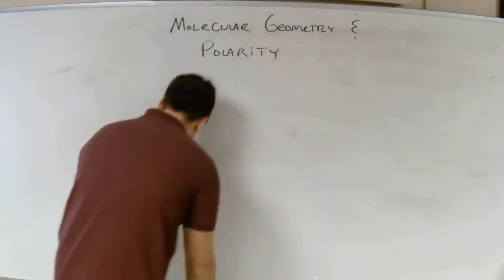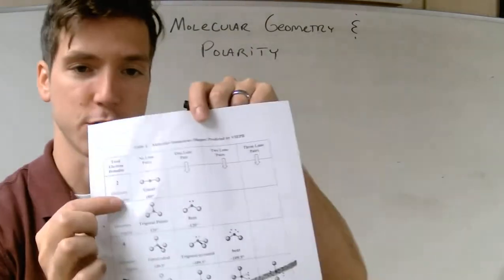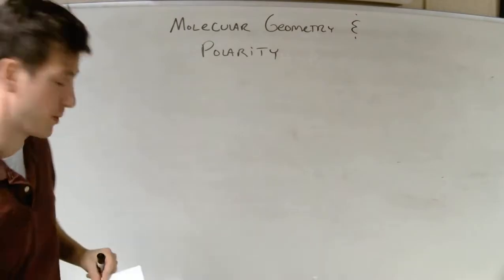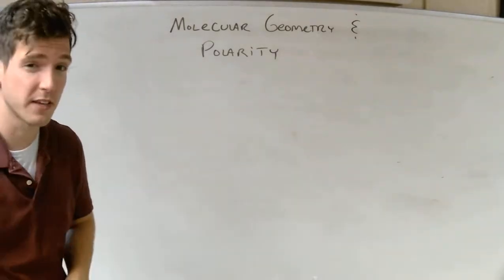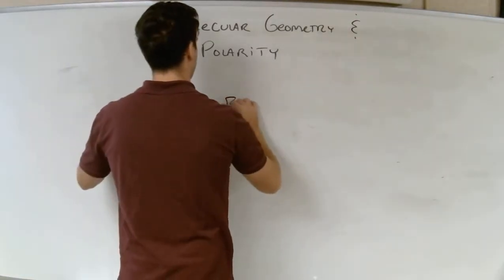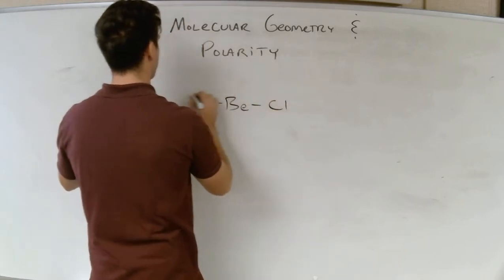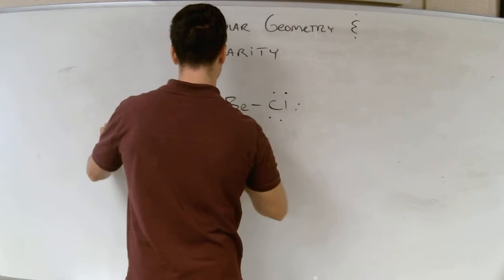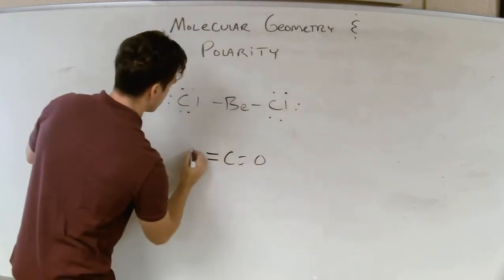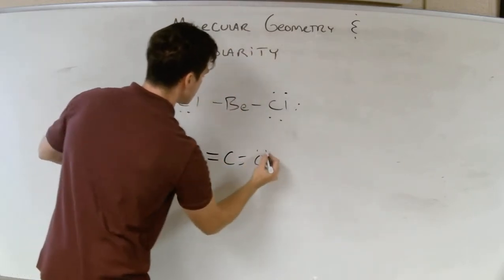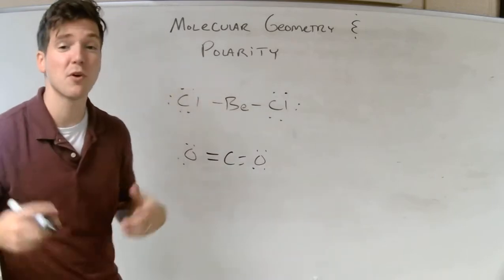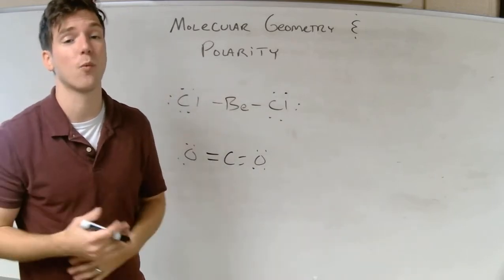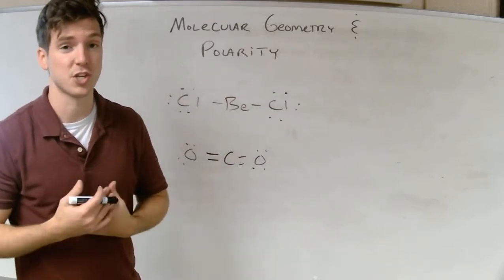So let's look at our worksheet and at this first molecular geometry there, which is linear. A great example of this is beryllium dichloride and what I just drew a little bit ago, CO2. Remember, those electrons are going to try to get away from each other as much as possible.